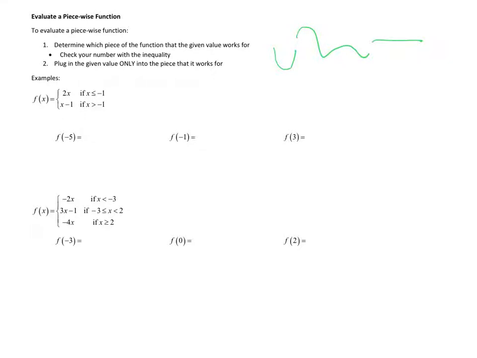Now, we are going to look at a piecewise function. So a piecewise function means at these spots where my graph stops and starts again, one must be excluded and one must be included. Doesn't matter which one, it's just saying that I can start and stop, but I never overlap, okay?